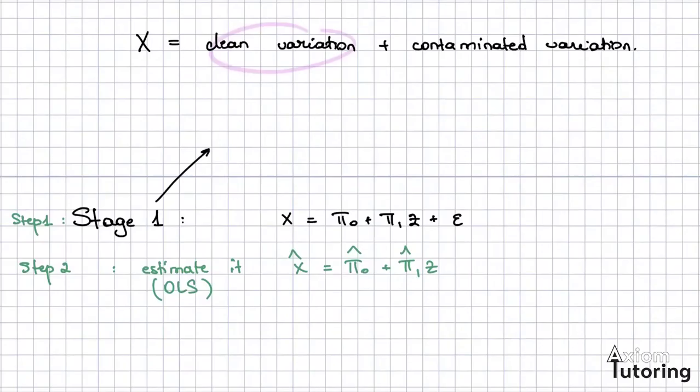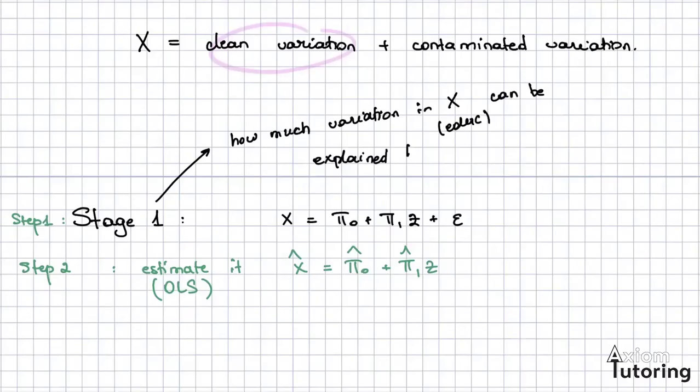So if we put a little bit of context with the examples we've had so far, how much variation in X, or education, for instance, can be explained by the variation in your Z variable, which we mentioned in the previous video could be distance to university or distance to school, okay?